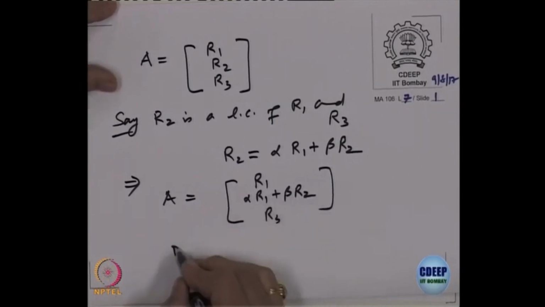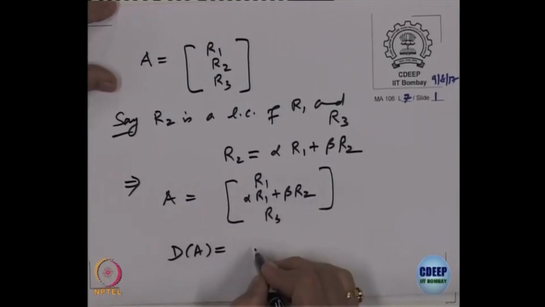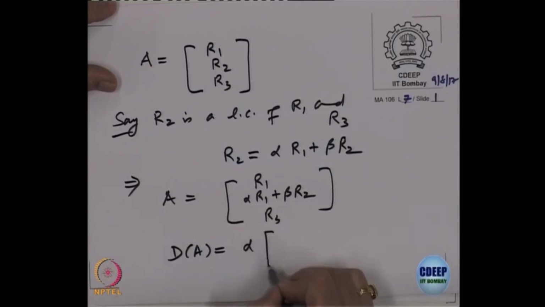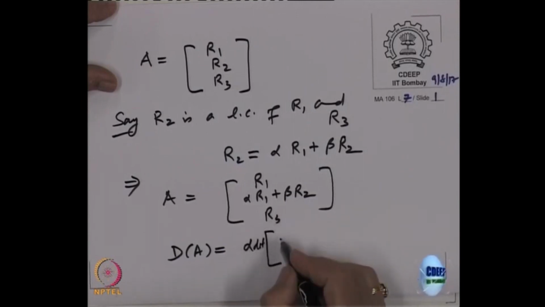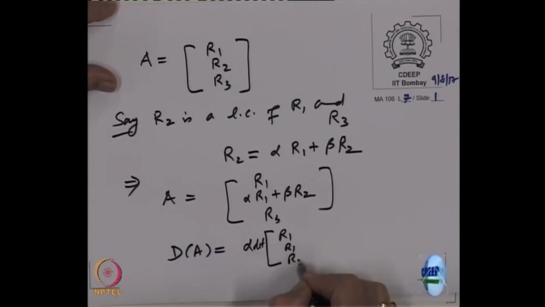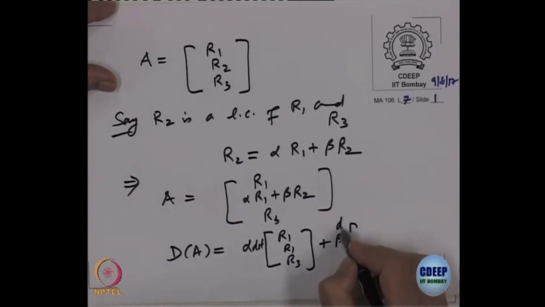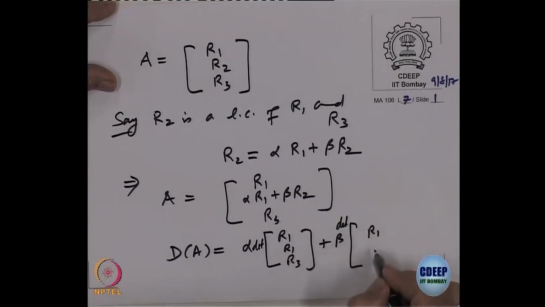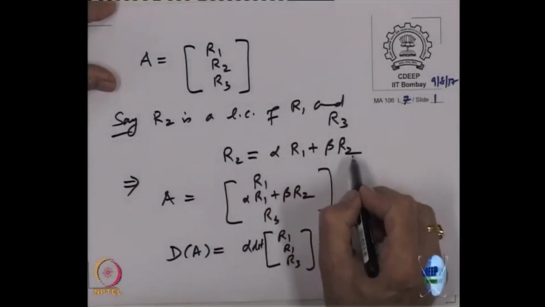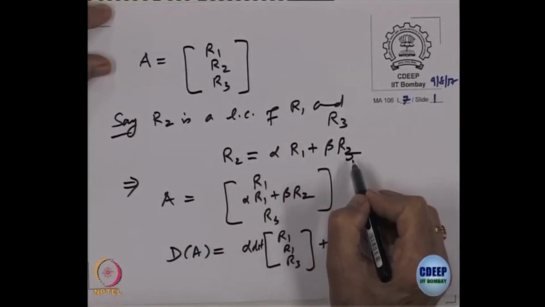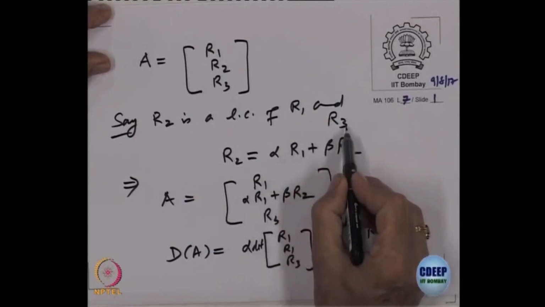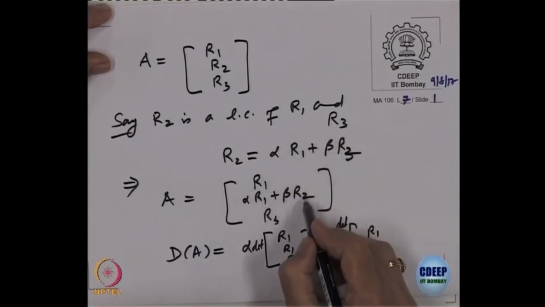So, by the determinant property, what is the determinant of A equal to? It is alpha times the determinant of the matrix R1, R1 and R3, right, plus beta times the determinant of the matrix R1, R3 and R3. Oh sorry, R2 was a linear combination of R1 and R3, so I wrote a mistake here, it should have been R3.